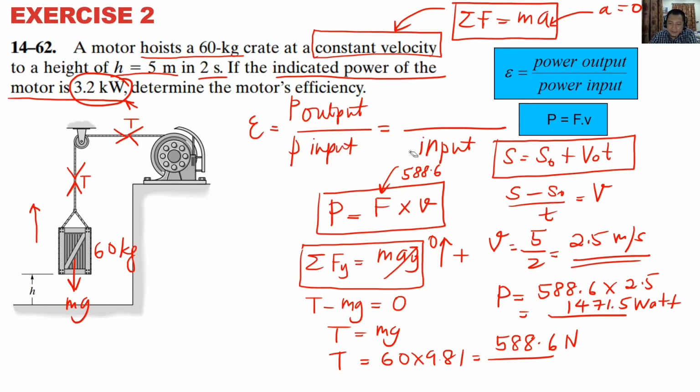So now input, you know, is actually 3200 watt. The output is 1471.5 watt.